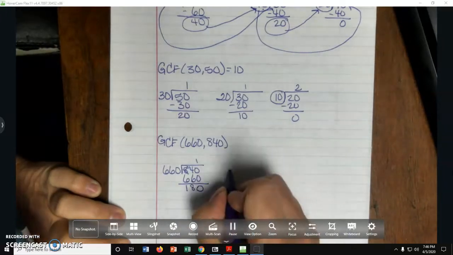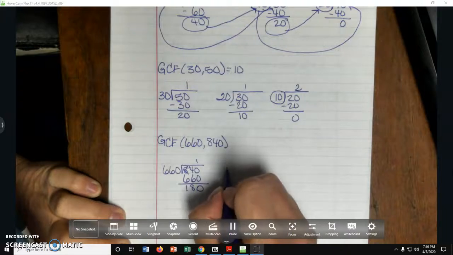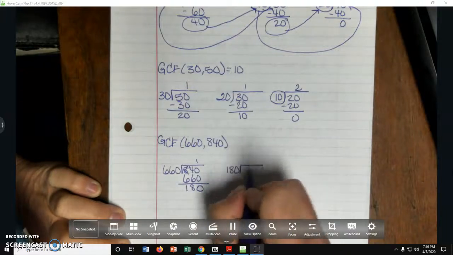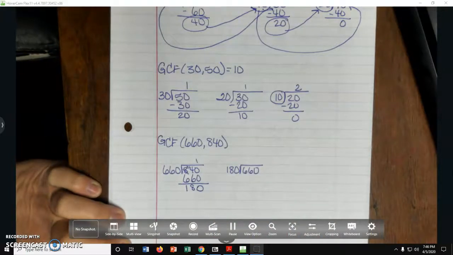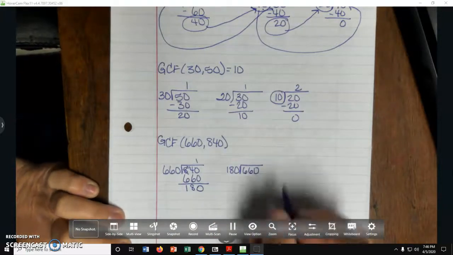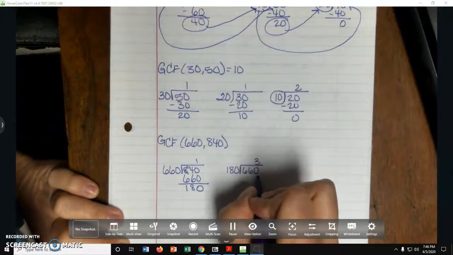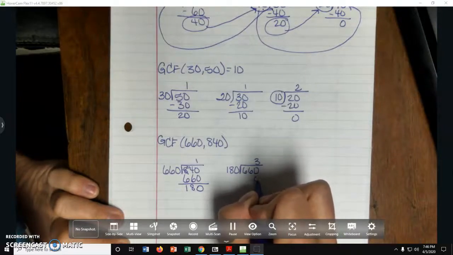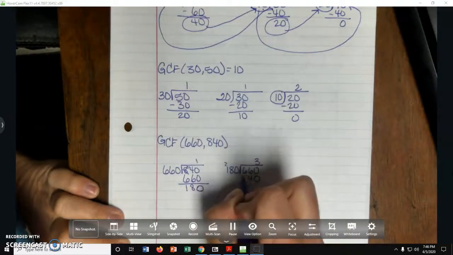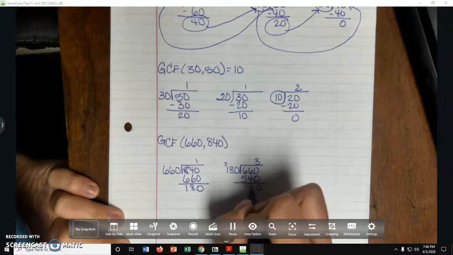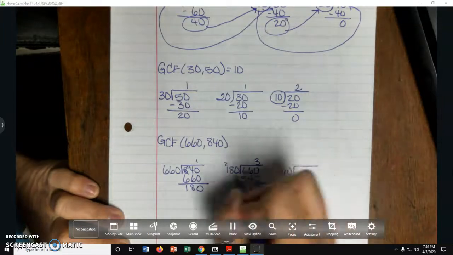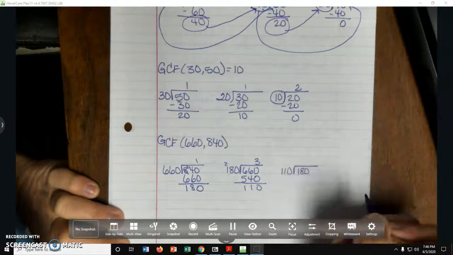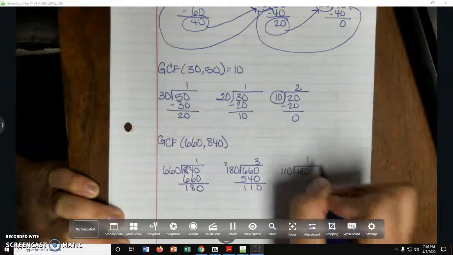So 180 becomes my new divisor. My dividend is my old divisor. Now 180 into 660, we find out would be 3 times. Subtract and you get 110. 110 becomes my new divisor. 180 is my dividend now. That will go in 1 time.